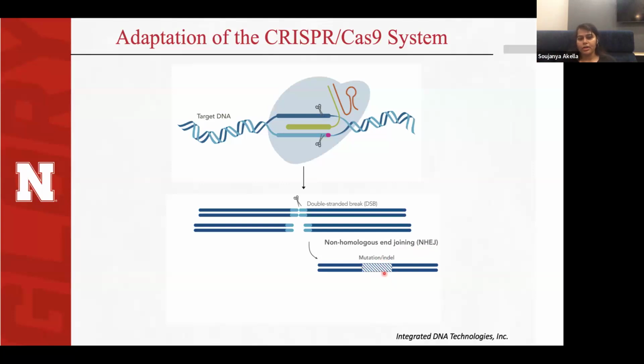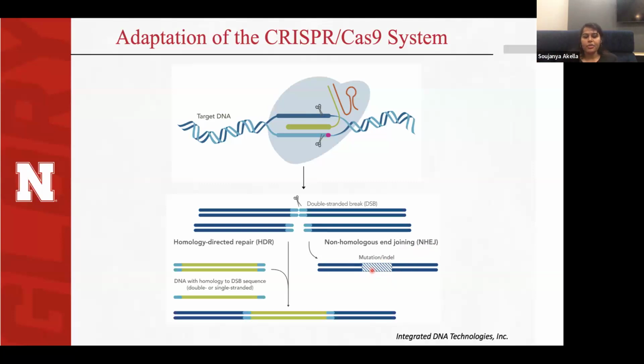Now, this works a lot of times when people are trying to disrupt genes and you just want to see what the function is of that gene, or I guess the protein encoded by that gene. This is perfectly fine. But if you want more precise repairing, that is, you want homology directed repair, then you include this other DNA sequence, which can be double or single stranded, that has some specific sequence.